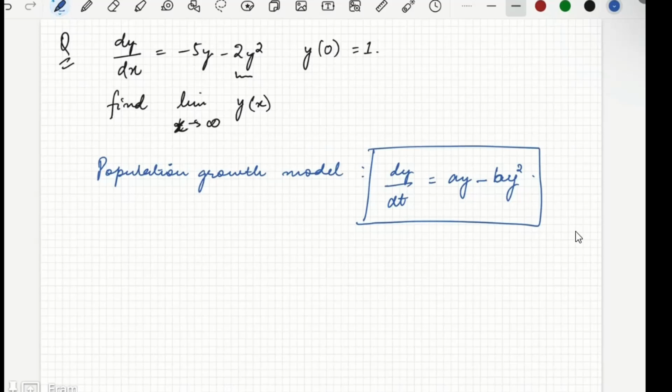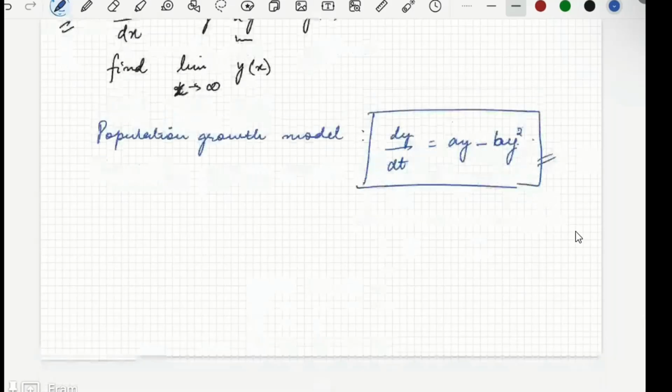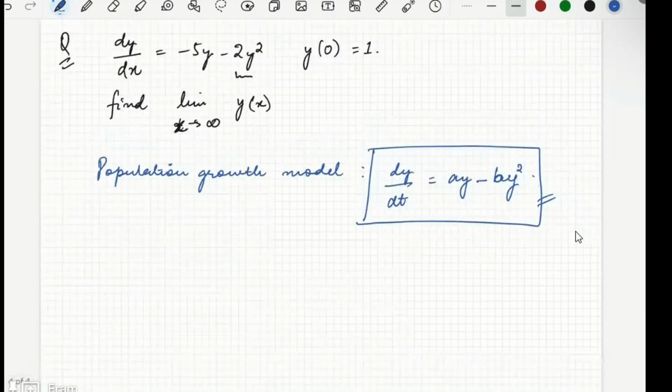Yes, this is exactly the population growth model, where the coefficients are a equals -5 and b equals -2. Now, what was the solution of the population growth model? So let's derive its solution.